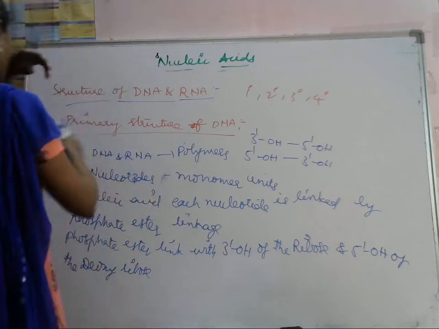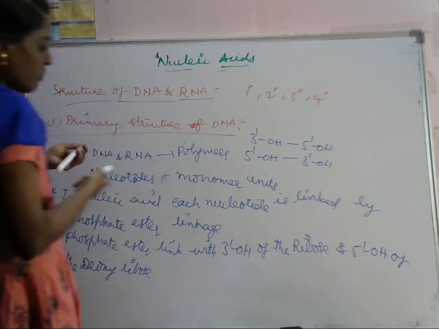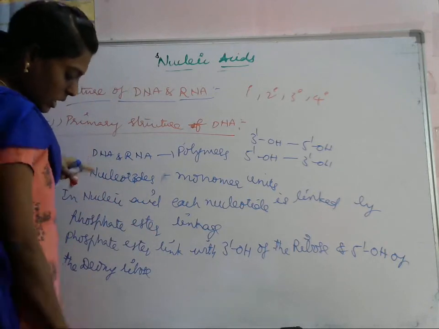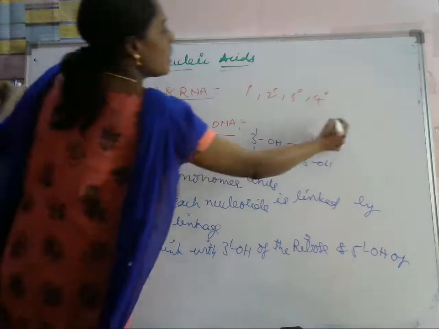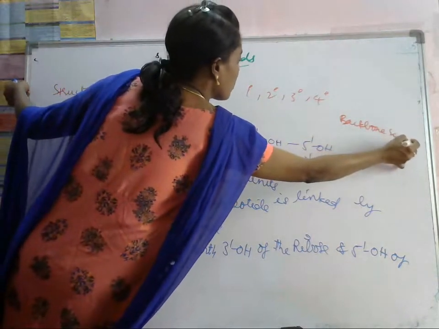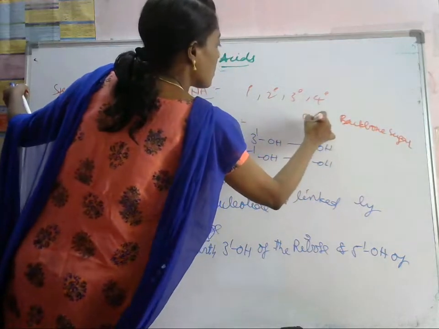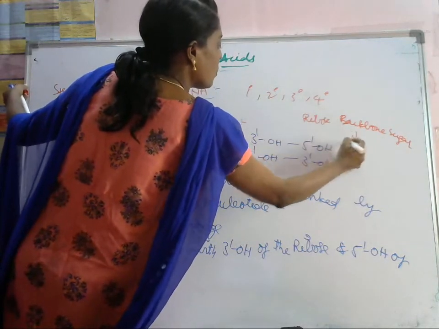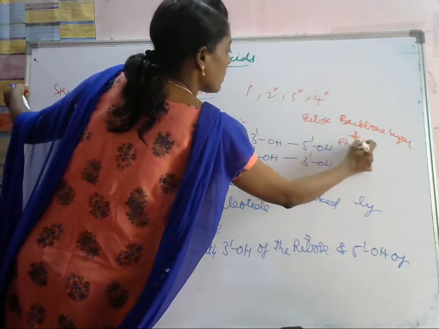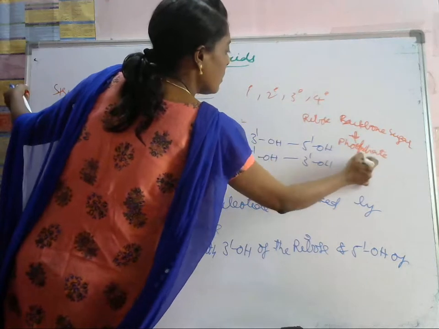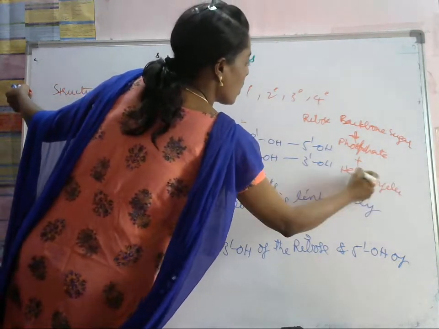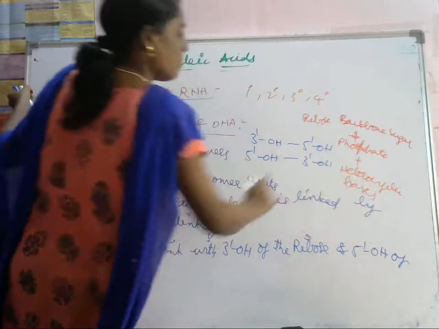So what is present here? In this one, the backbone sugar is there, which is a ribose, and a phosphate group, plus heterocyclic bases, which are purines and pyrimidines.